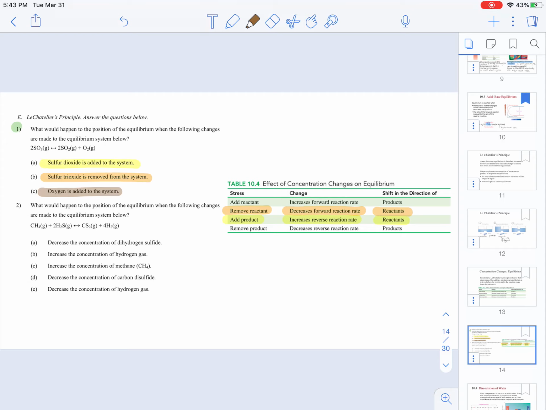So this is going to be similar to statement A. We are adding product, which means that we're going to increase the rate of the reverse reaction, which means that in this case, the direction in which this equilibrium reaction is going to shift is, again, towards reactants. So statements A and C have the same effects on this equilibrium system.